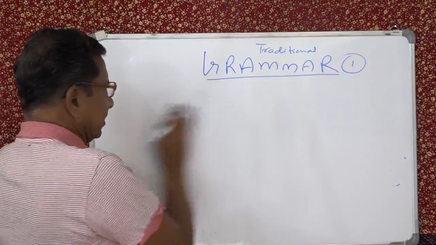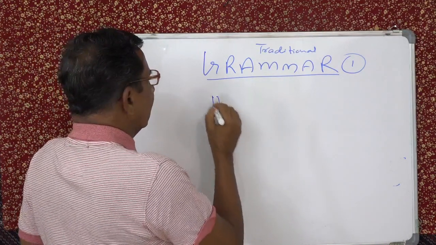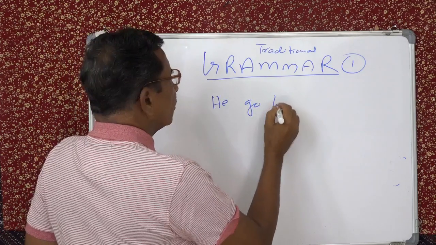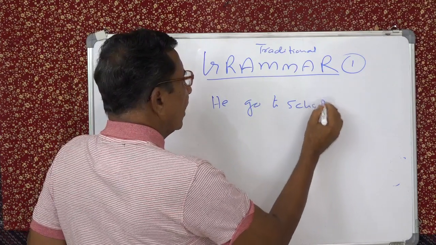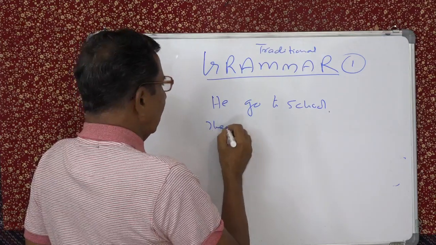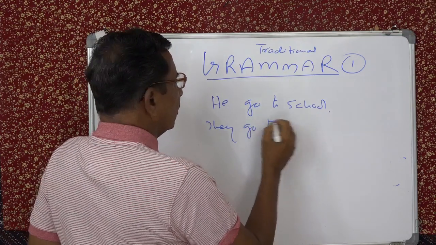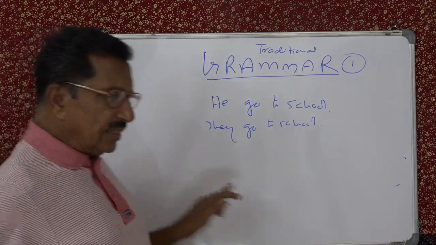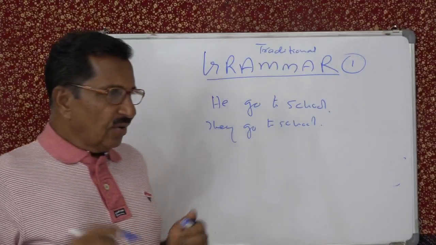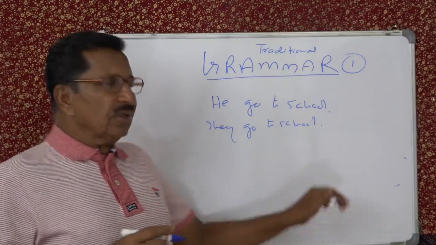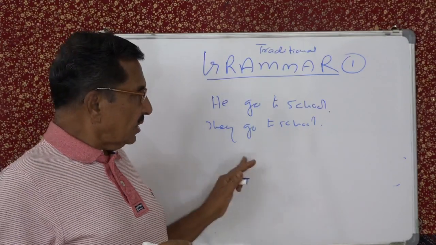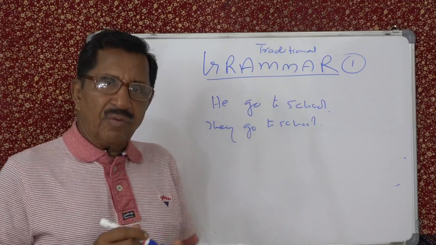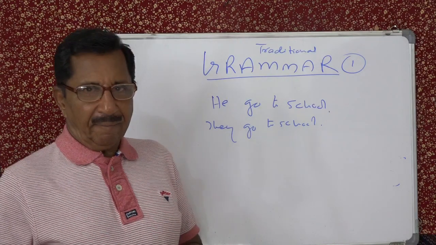So you have, for example, two sentences. He going to school, and they go to school. Now you are getting two sentences here. You have to assign a description, and you have to say which one is well formed and which one is ill formed.